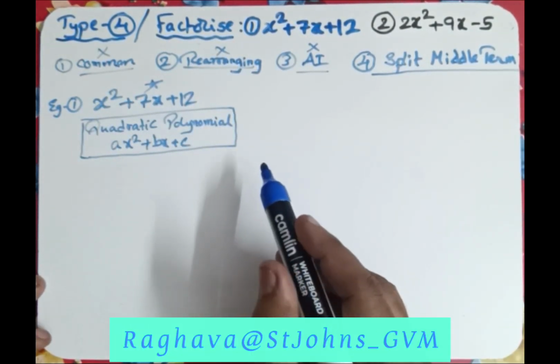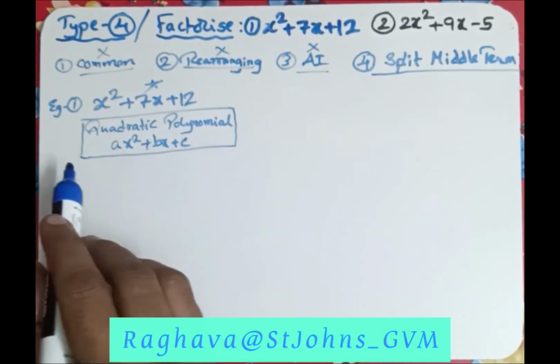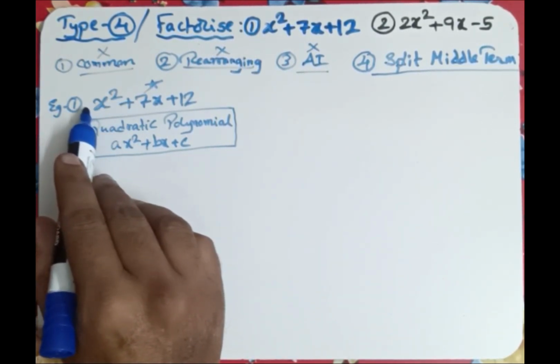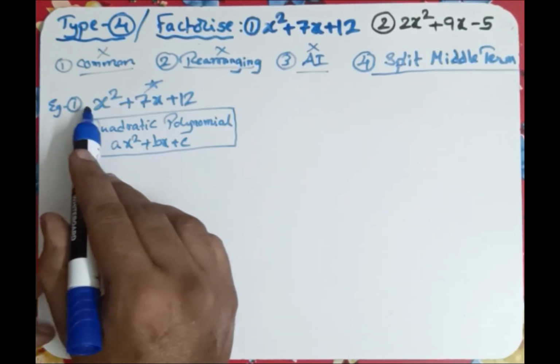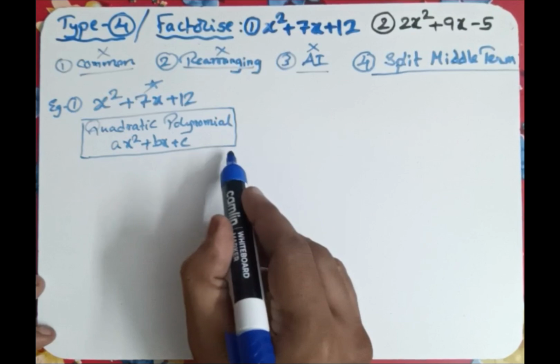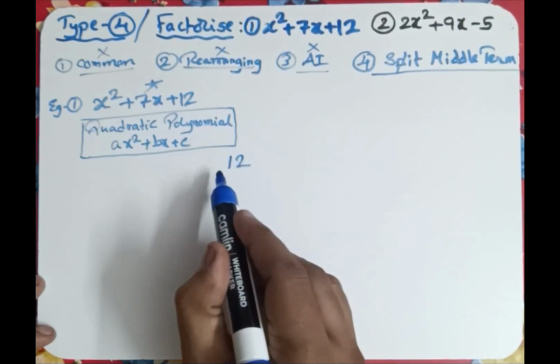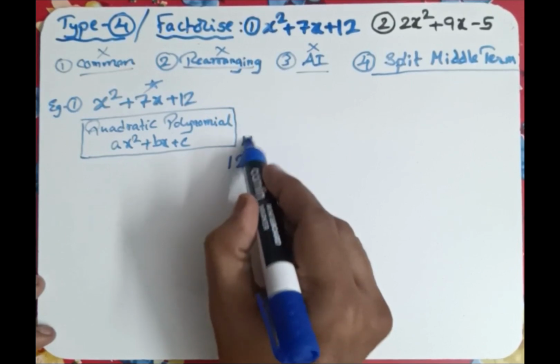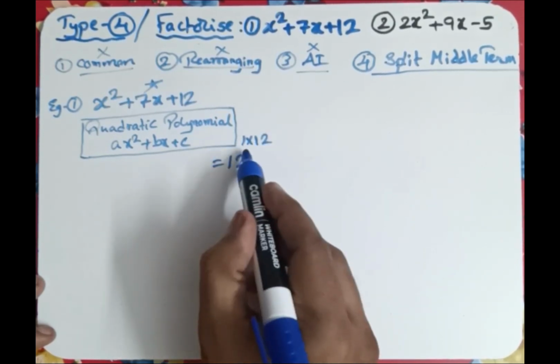In this, what we need to do is take the x square coefficient, which here is 1, so no need to consider that, and directly go for the constant. What is the constant here? 12. Or you can do 1 into 12, which gives 12.